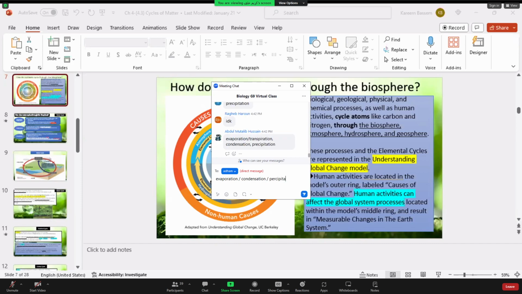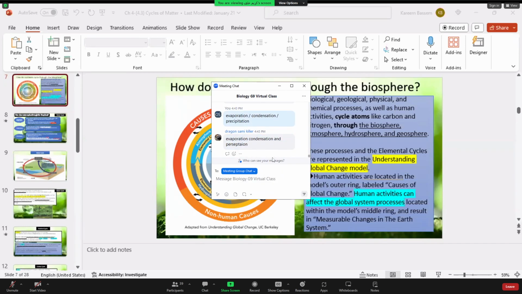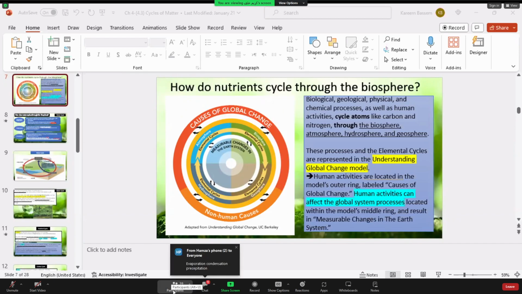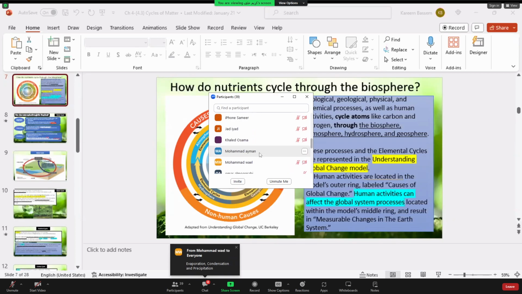Write the three steps in one message. Thank you, Abdul Muttalib. Faisal. What is the question, Tamim? How can water cycle through what processes? Through what processes can water cycle?